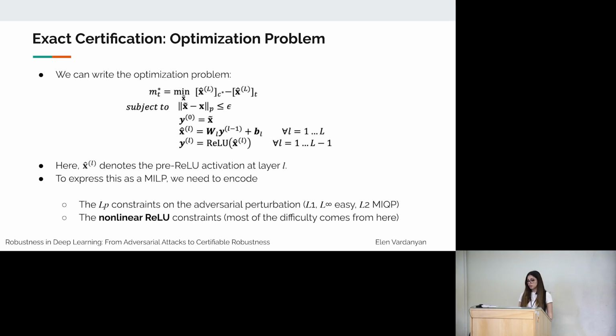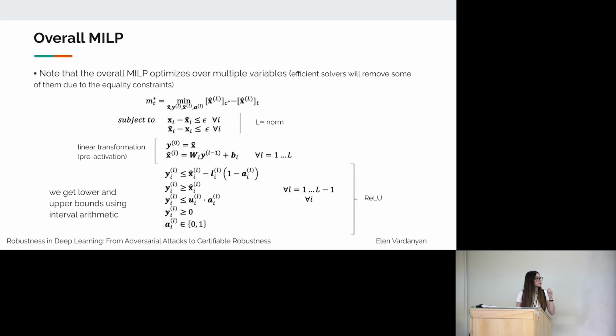And most of the difficulty actually comes from the ReLU. But in this slide, we can see that we can change the L infinity norm part and the ReLU part to be able to solve it with mixed integer linear programming.